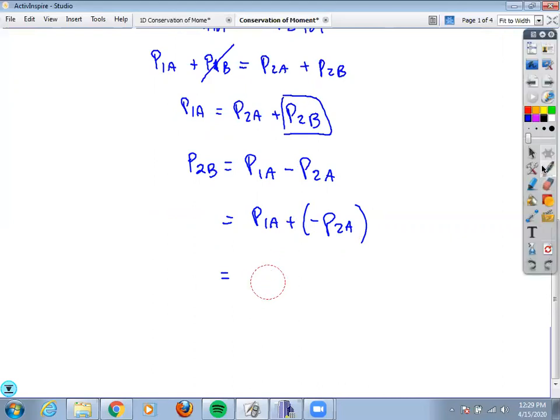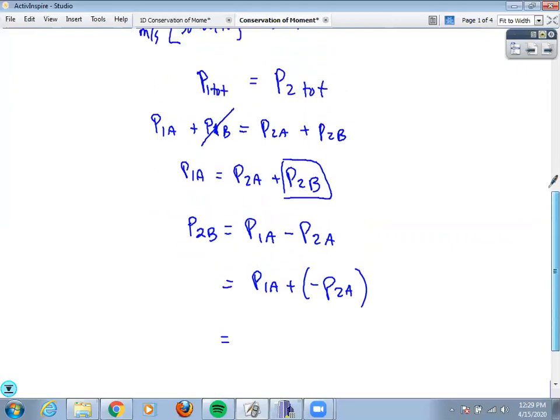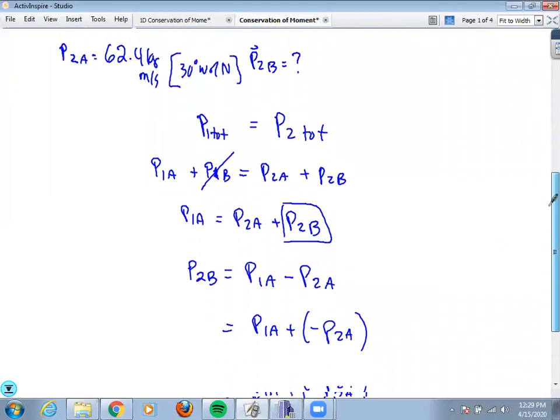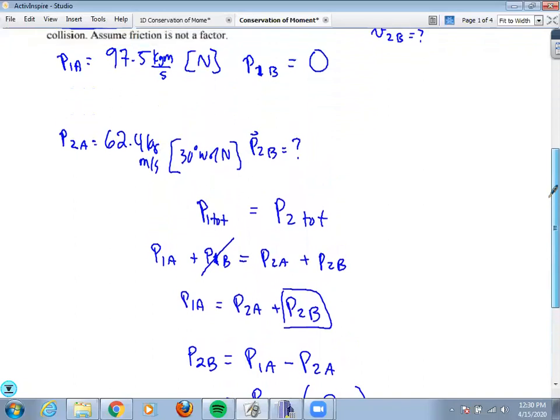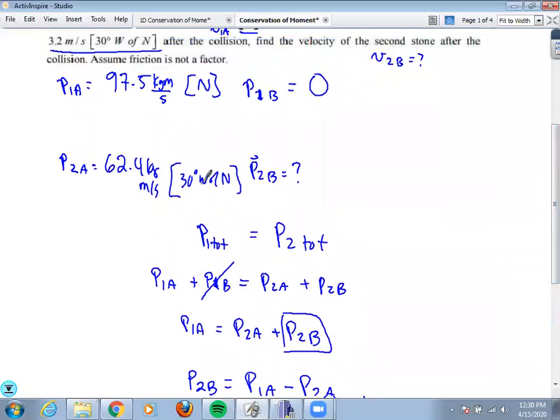P1A we calculated, 97.5. I'm just going to leave the units out for right now, and that's north. And we're going to add, okay, now we need the opposite direction. So P2A is 30 degrees west of north.